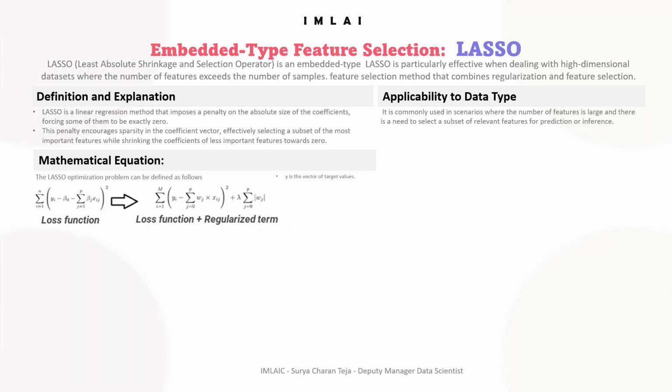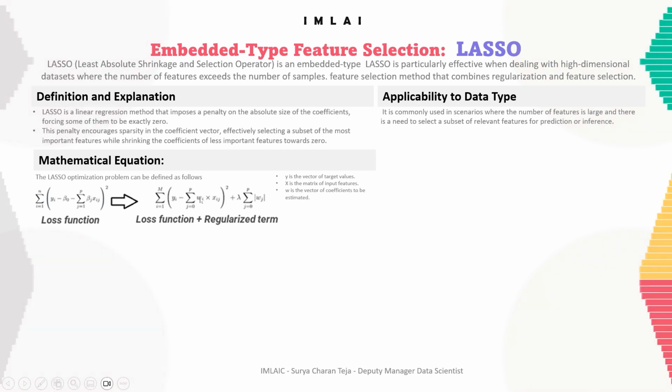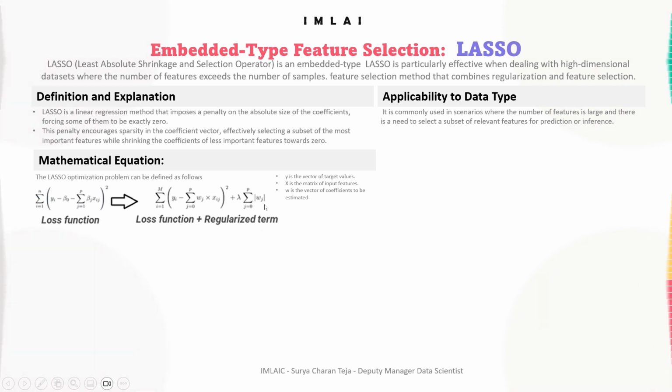Out of that, y sub i is the vector of target values, and x sub ij, where x is the matrix of input features. Then we have w, w sub j, where w is the vector of coefficients to be estimated.